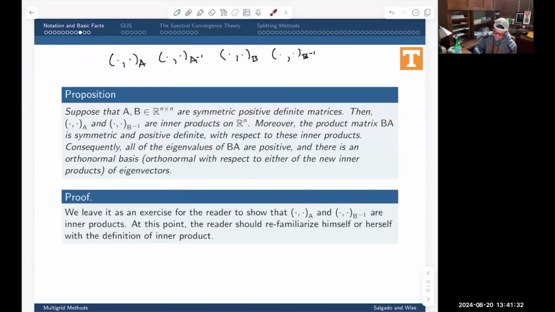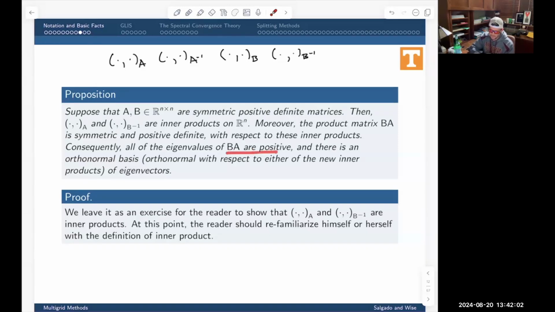Now what about the other point we want to show, namely that all of the eigenvalues are positive? We have to do a little bit more work. The fact that we get an orthonormal basis follows from the fact that this is going to be symmetric with respect to this new inner product. That's what gives us our orthonormal basis of eigenvectors, through this generic spectral decomposition theorem.